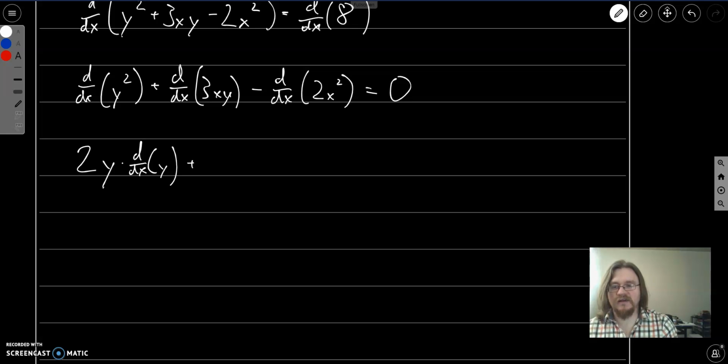Here, I have 3 times the function, so I can just pull that outside of the derivative. And if I'm taking the derivative of xy, xy is a product, so I'll take the derivative of each of them, and we'll just multiply it by the other.